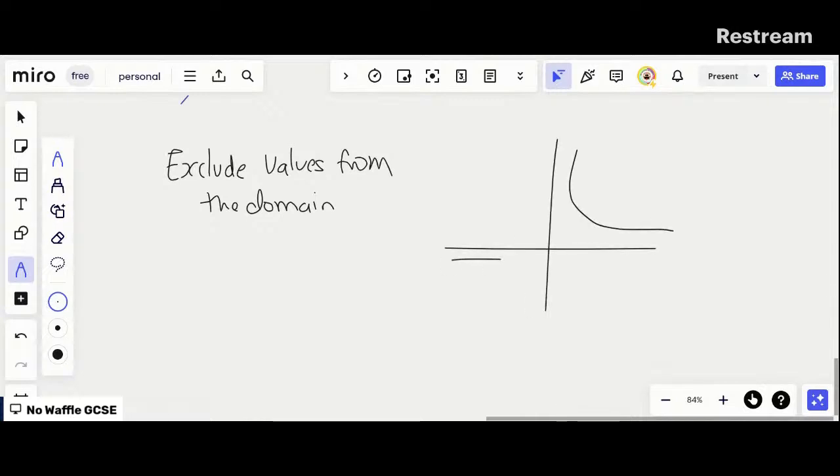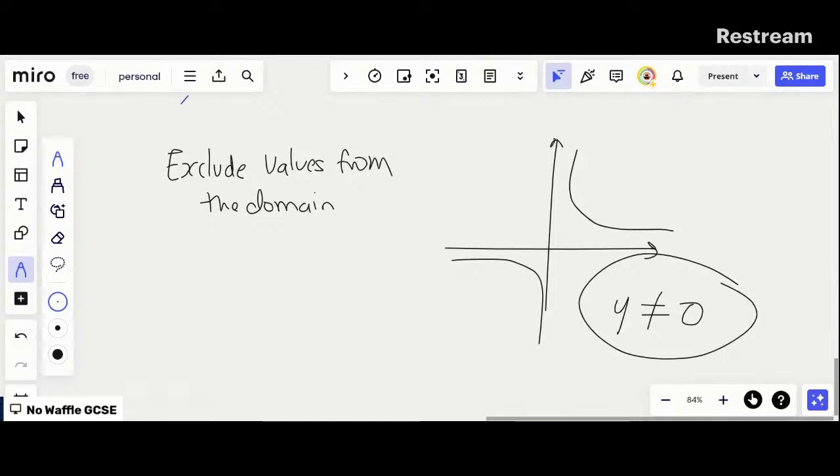The reciprocal graph looks like that. In the reciprocal graph, you notice that y never equals 0. So since y never equals 0, you're excluding that value. So you're excluding values from the range and domain.